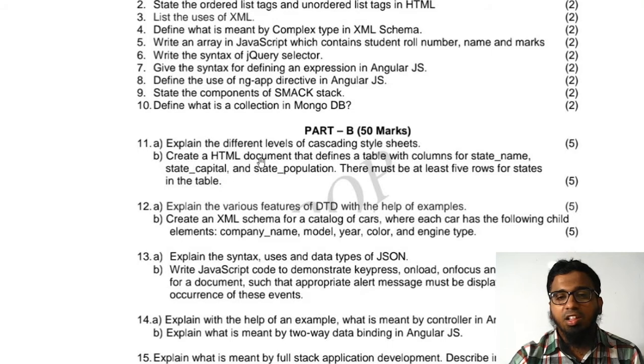Like creating the HTML document, define a table. That means you must use the table tag with the column names. These column names are already defined here: state name, state capital and state population, and there must be at least 5 rows.